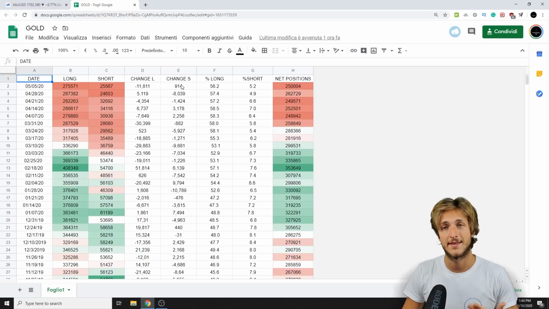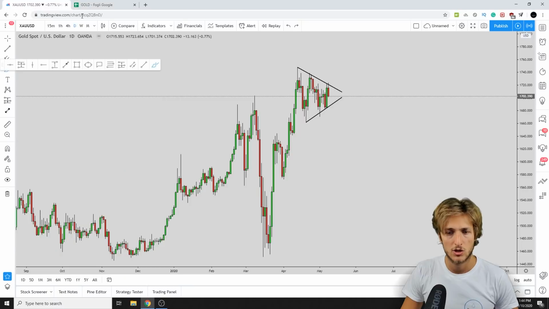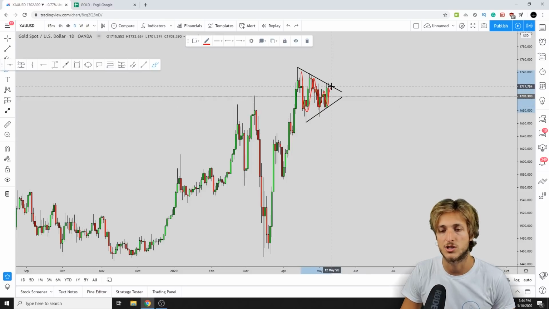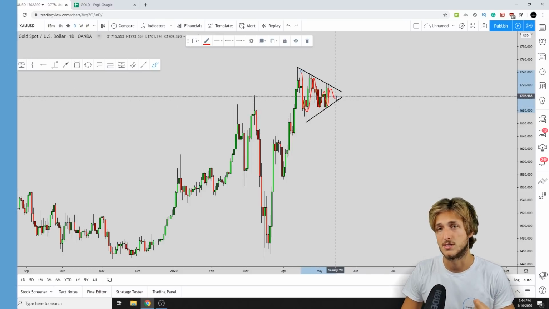And they also added some shorts. So not only did they close 11,000 longs, they also already added 914 shorts, and we can probably expect this number to grow. So they are closing out a lot of their long positions inside of this area.